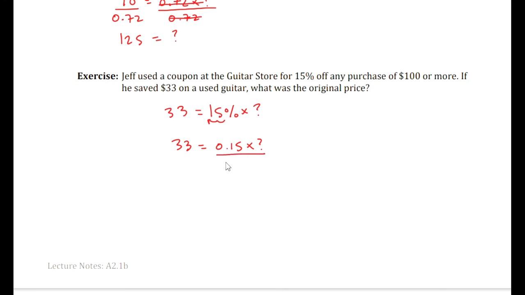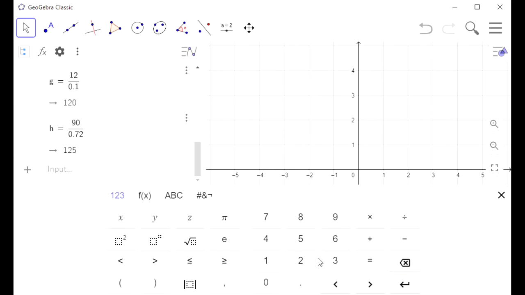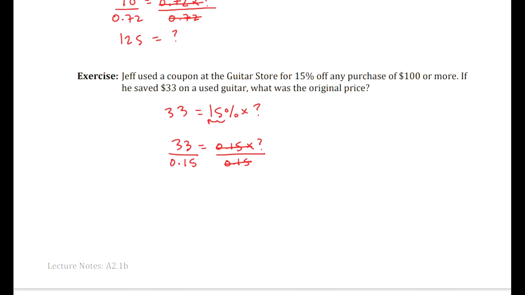Then we divide both sides by 0.15. $33 divided by 0.15 gives us 220. $220 is the original price. And we should put in the dollar symbol here because that's the units. So the original price was $220.